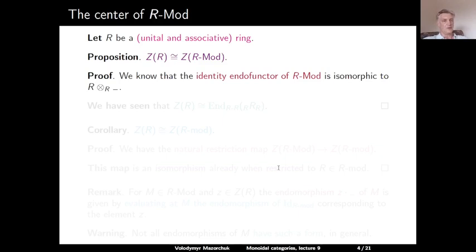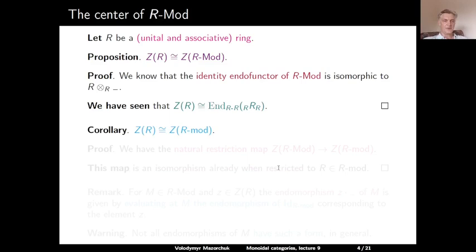For the category of all R modules, we know that the identity functor is isomorphic to tensoring with the regular R-R bimodule R. And we have seen that the center of R is isomorphic to the endomorphism ring of this regular R-R bimodule. And this proves our proposition.